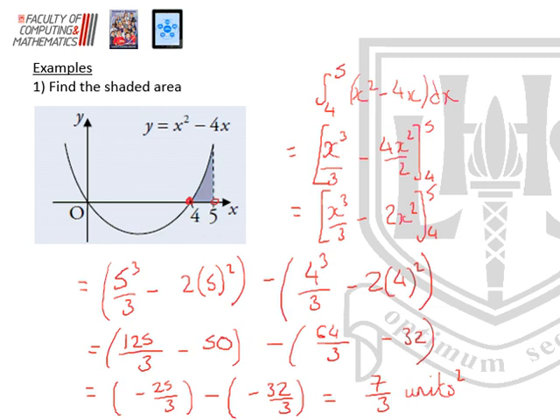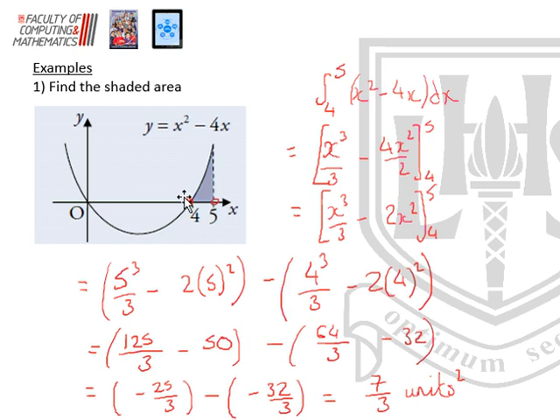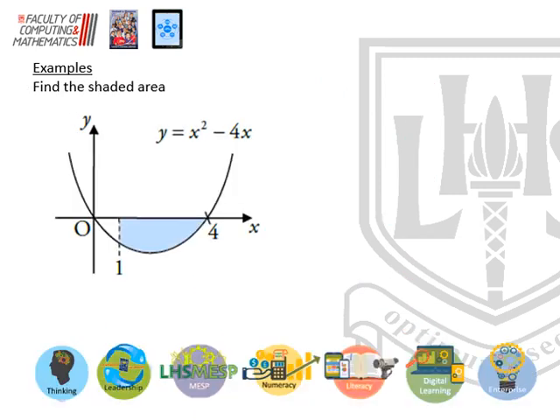Now what I'm going to look at very quickly is what happens if I change the area to underneath, with the same curve. Before I was looking between 4 and 5, now we're looking between 1 and 4. Just to shortcut this a little bit, the integral is not going to change. It will be set up for x squared minus 4x between 1 and 4, but this time we're looking between the limits of 1 and 4.